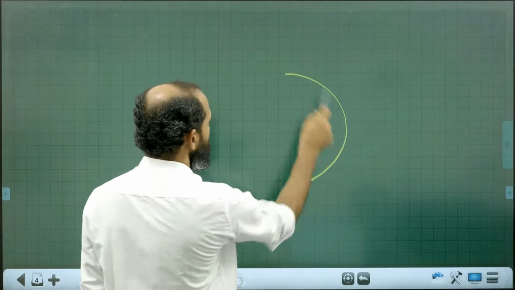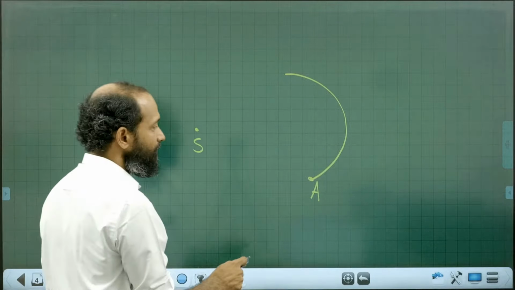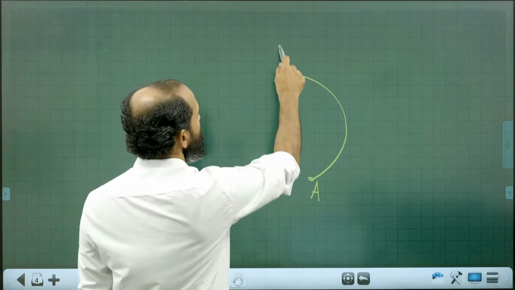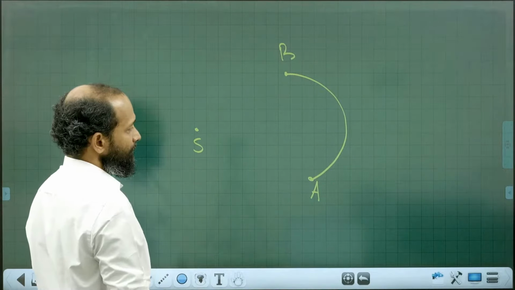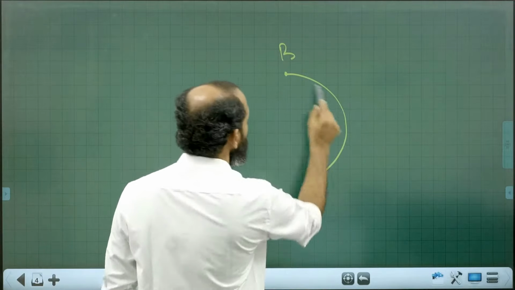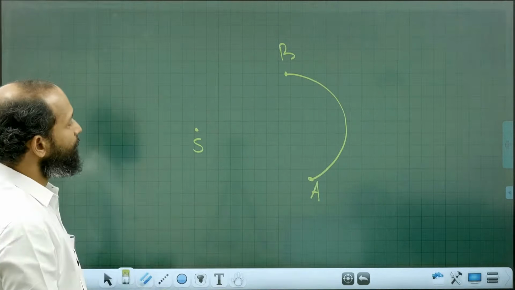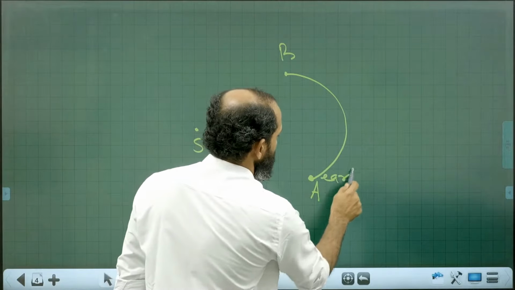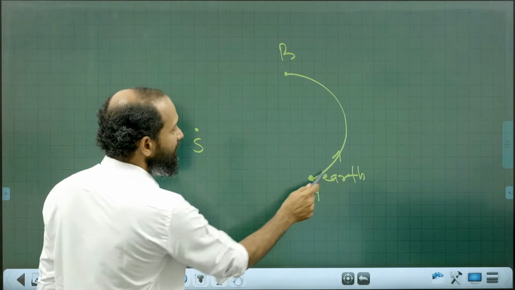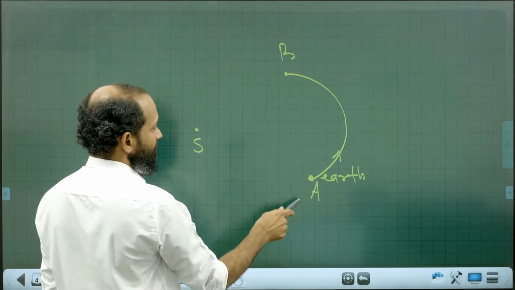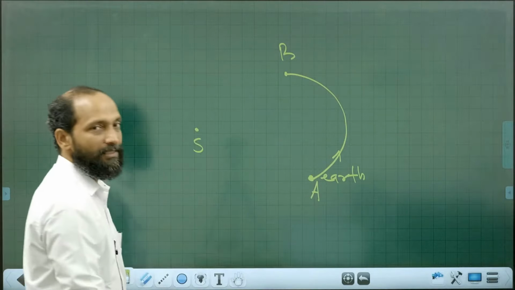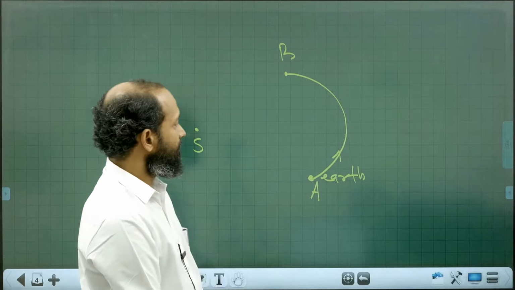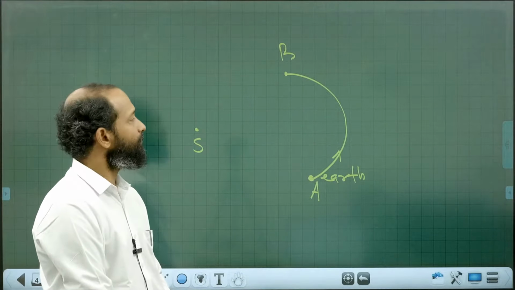During its revolution around the sun in an elliptical orbit, Earth goes from A to B. Suppose the distance measured from A to B is the mean distance, the average distance between Earth and sun. Earth moves along this arc-linear path, A to B.